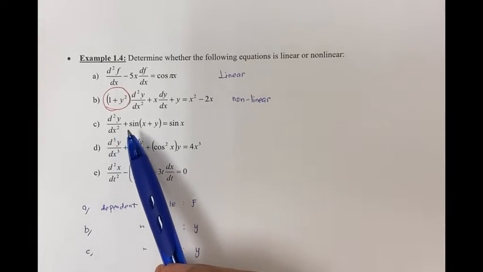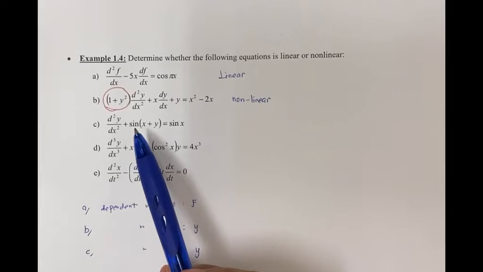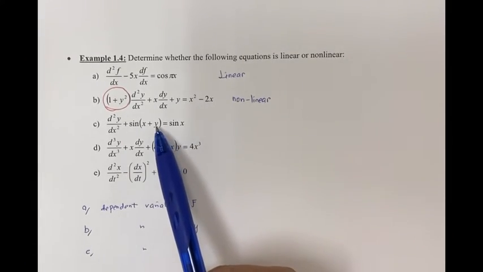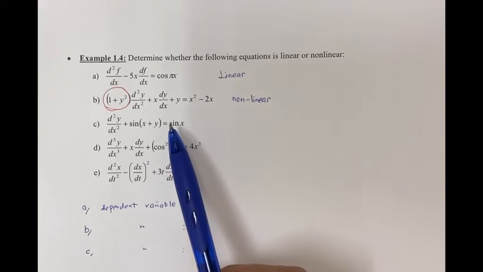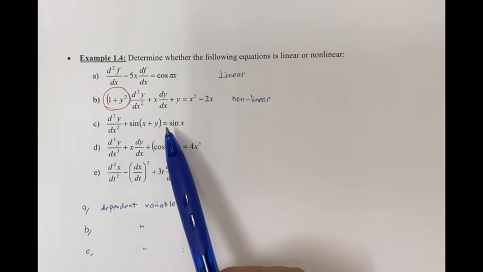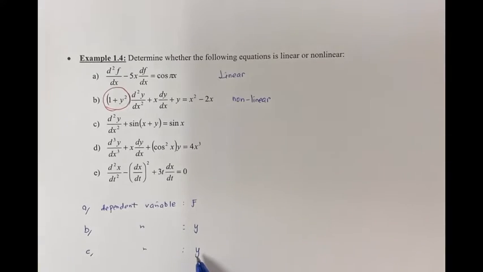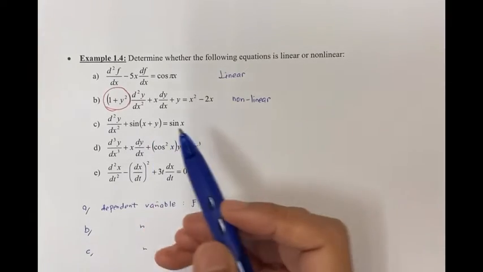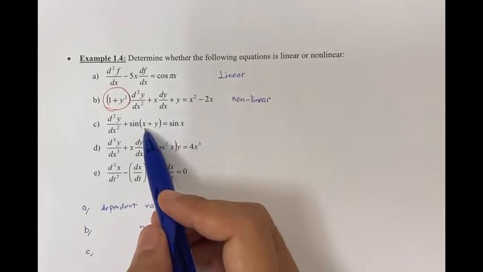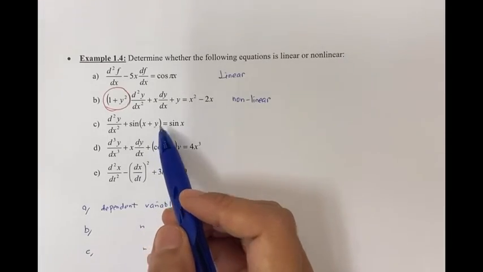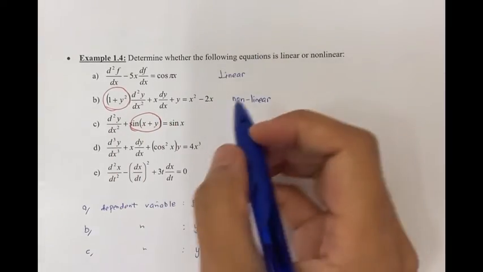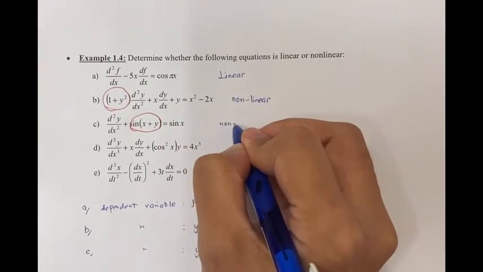For the second condition, we don't have any power of derivative, so we pass. But for the last condition, the dependent variable y is in sin x plus y, which is a non-linear function. So the whole equation is non-linear.